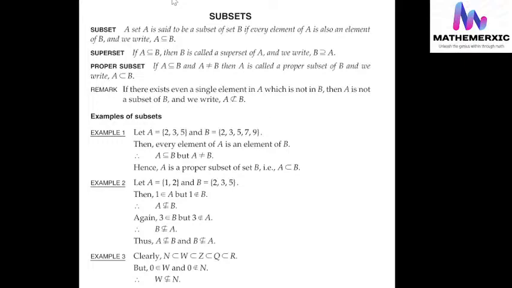We write A is a proper subset of B, without the line below the symbol.